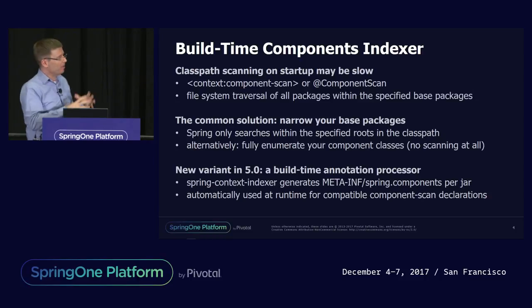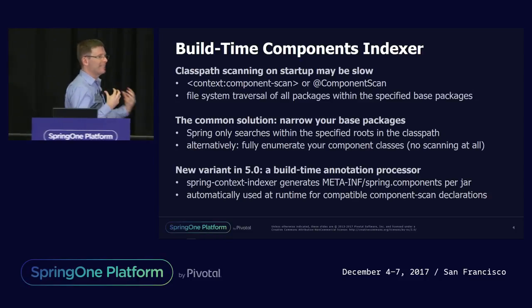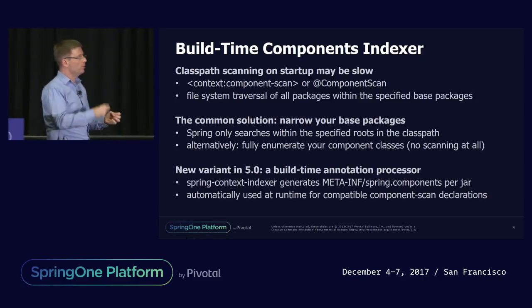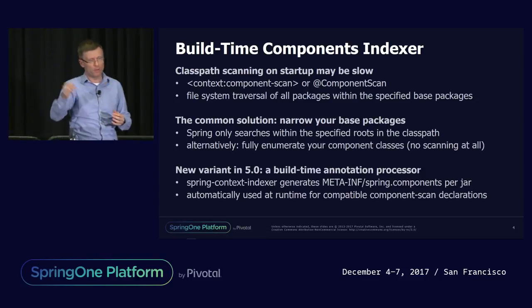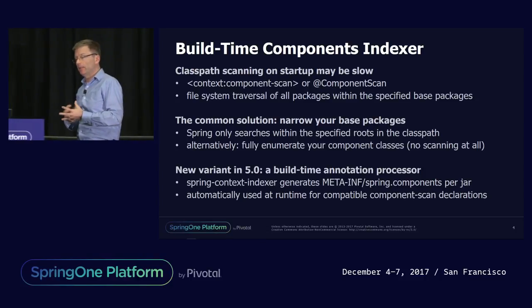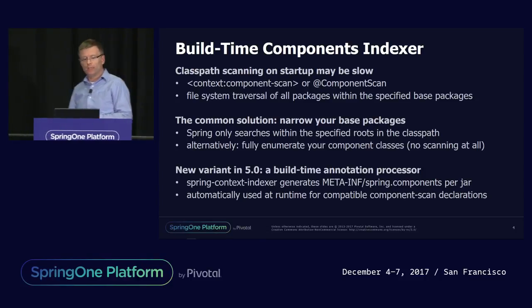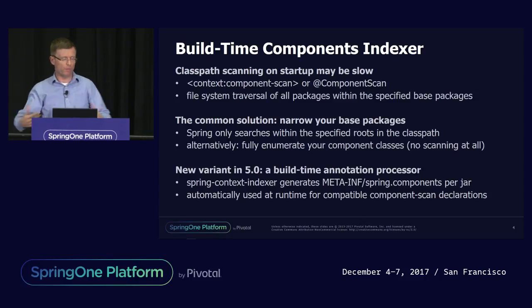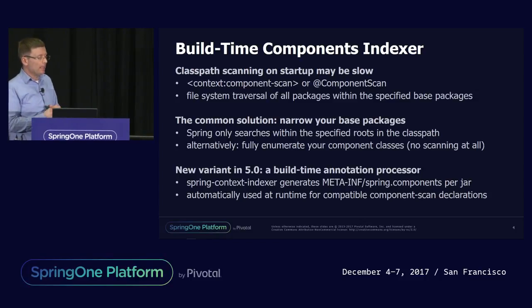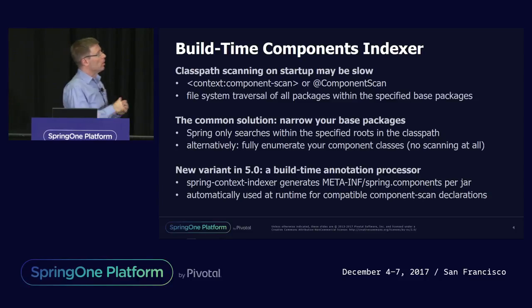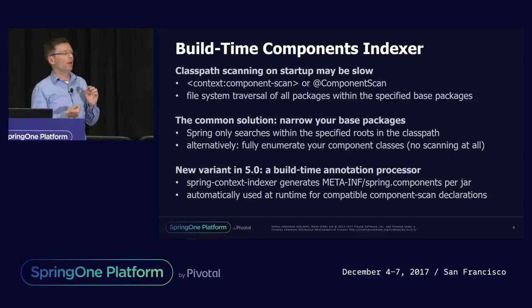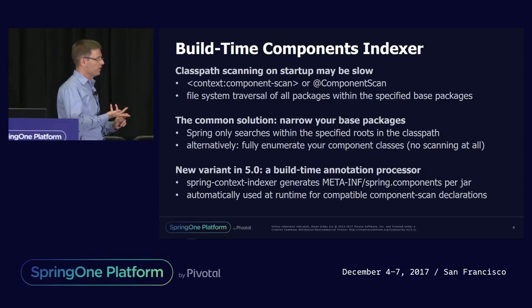So the class path scanning algorithm is actually quite extensive. What we do when you say add component scan or a context component scan in XML is actually quite elaborate. It's quite a search that we perform. In a standard environment, with no JVM security manager, a local file system, and no interception of I/O access, this is actually pretty efficient.